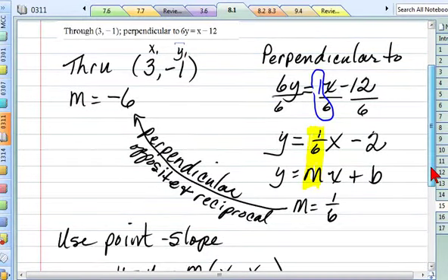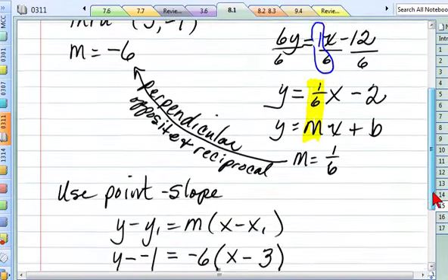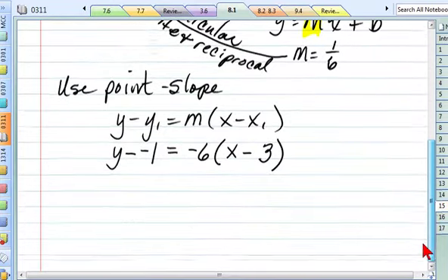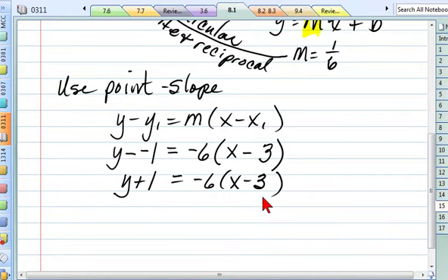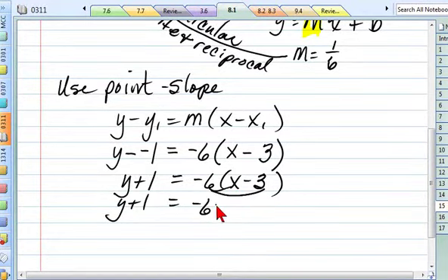You want to be careful. This is the first problem I think we've had where one of the coordinates was negative. I have minus minus, which turns into plus. This becomes y + 1 = -6(x - 3). So I have y + 1 is equal to, distributive property, -6x + 18.